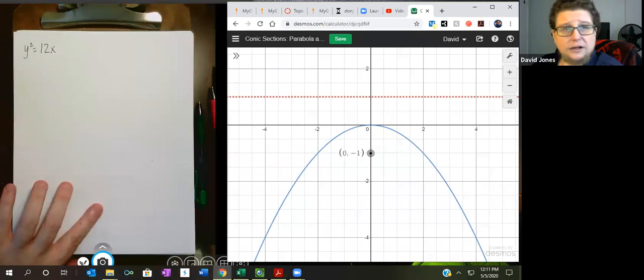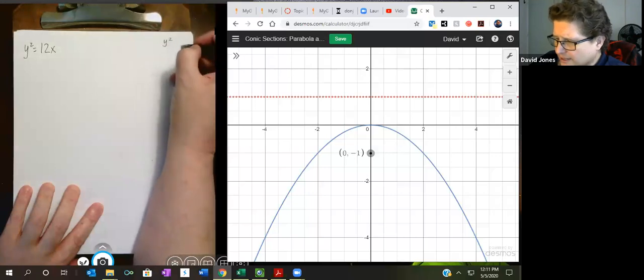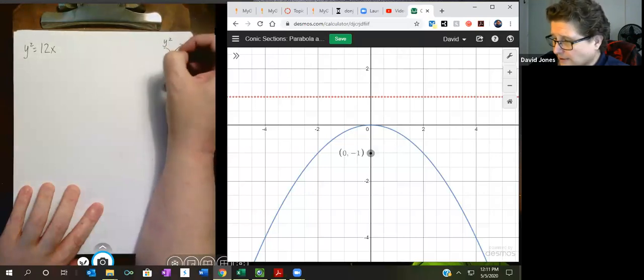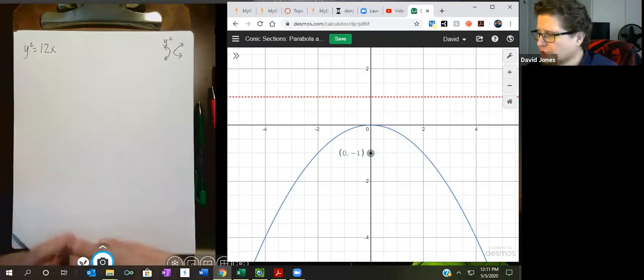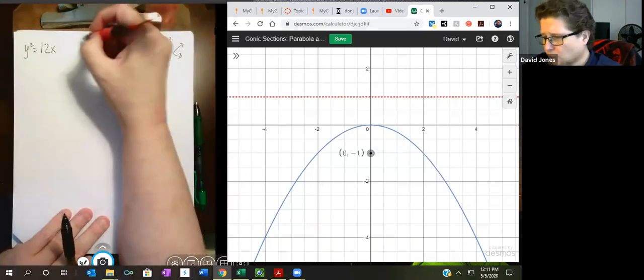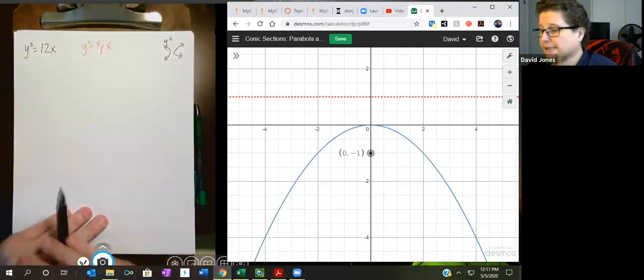So here we've got y squared. Y squared tells us it's going to open right or left. Let's figure out what p is. That'll help us decide which way it is. This should coincide with y squared equals 4px.